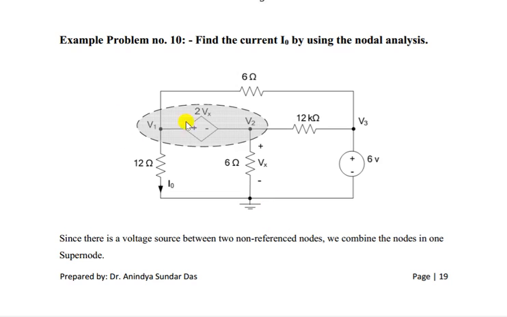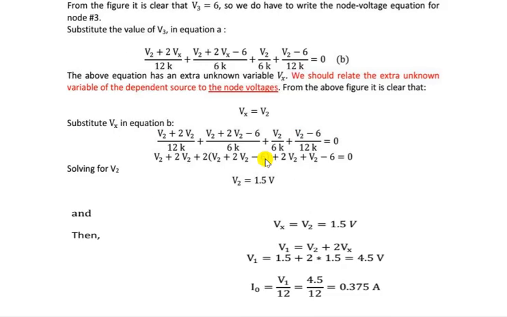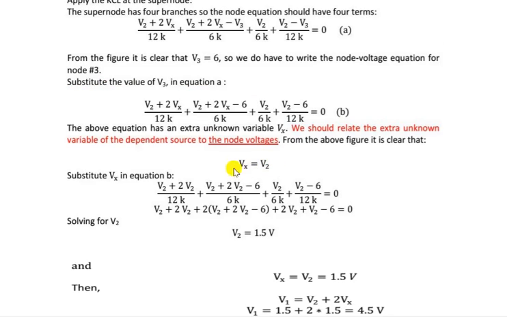Now this Vx is one of the unknowns, and it is present in this circuit. Where is it? Vx is here, with positive polarity connected to V2 and negative to 0. So Vx equals nothing but V2 minus 0. So V2 equals Vx.